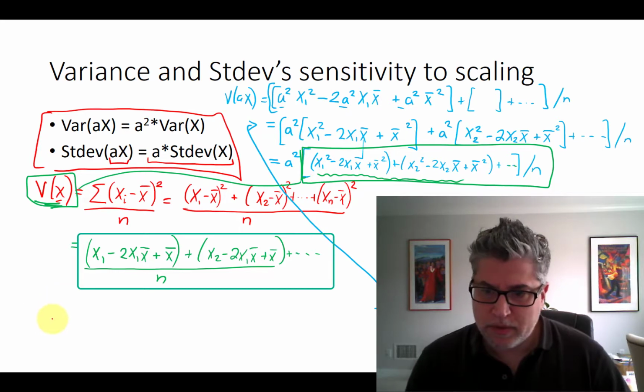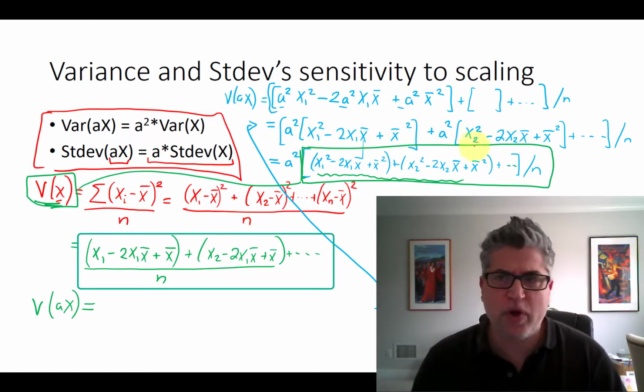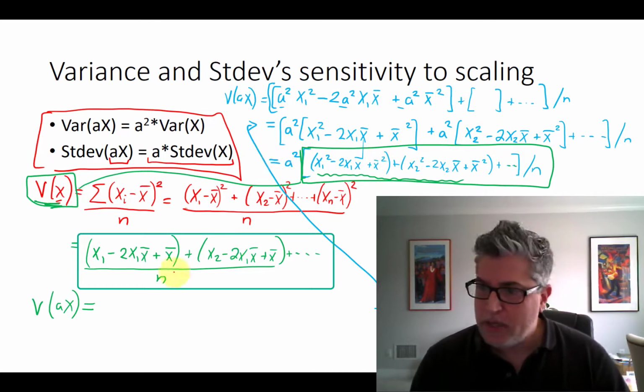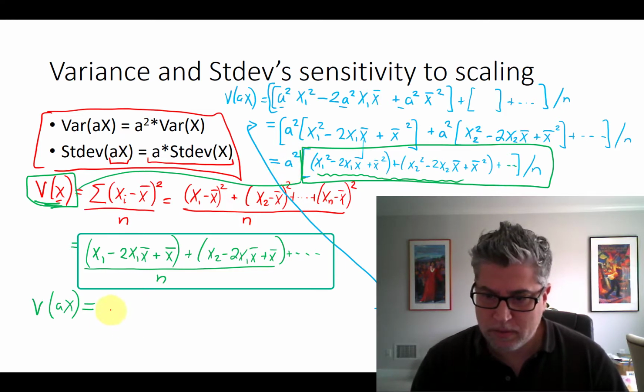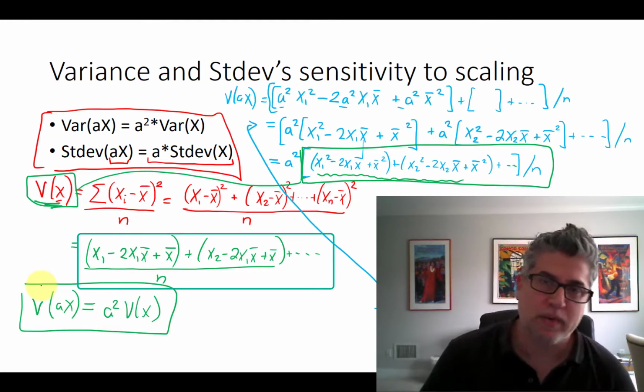We just proved that the variance of ax is equal to, it was a whole bunch of stuff, and we expanded and we FOILed and we gathered terms and then we pulled out terms twice. And then it was equal to this gnarly thing, but that gnarly thing was equal to this, which was equal to that, which is equal to that, which is equal to v of x. So we have a squared v of x, which was actually what we were trying to prove.